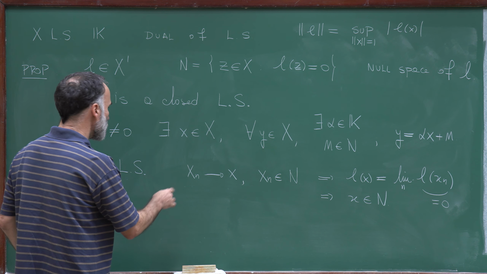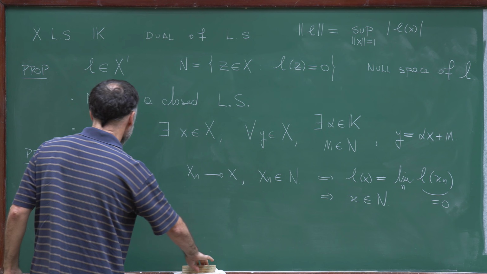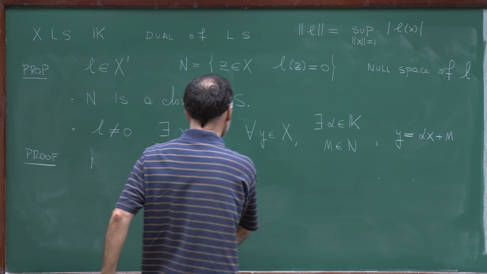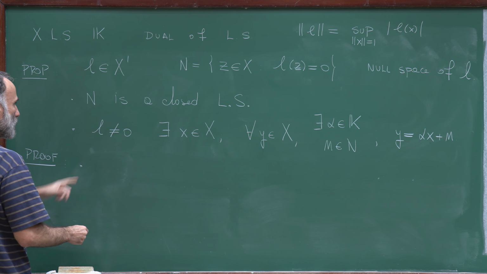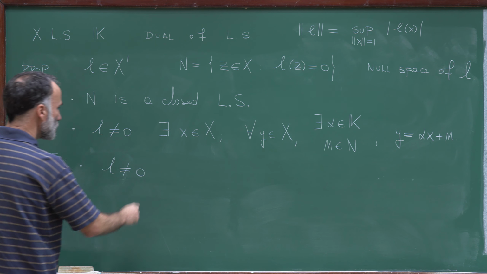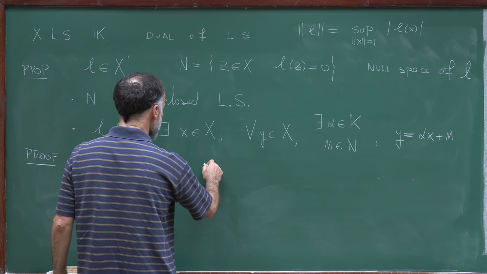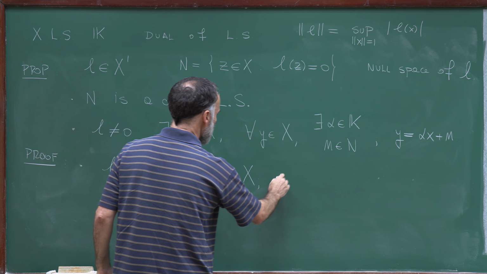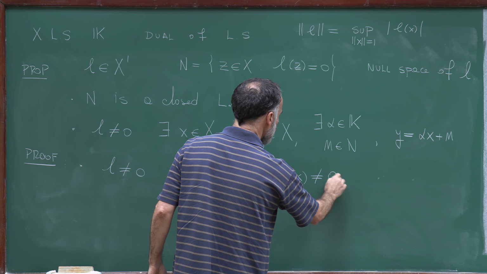So now I will erase and prove the second statement of this proposition. Now, to prove the second statement, I'm assuming that L is different from 0. If L is different from 0, this means that there exists an X in the space such that L of X is different from 0.